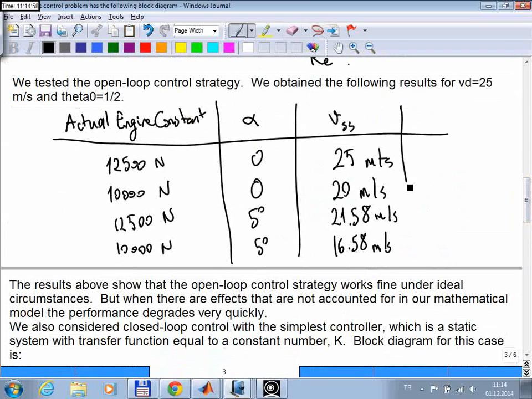So to see that, let me add another column, and we call this percent change. So this is the ideal case. So for that, let me make this one.